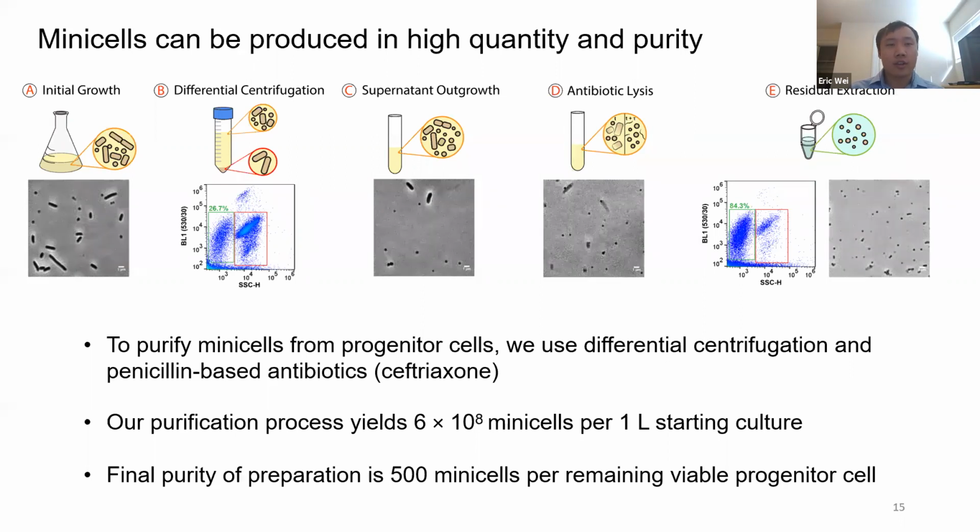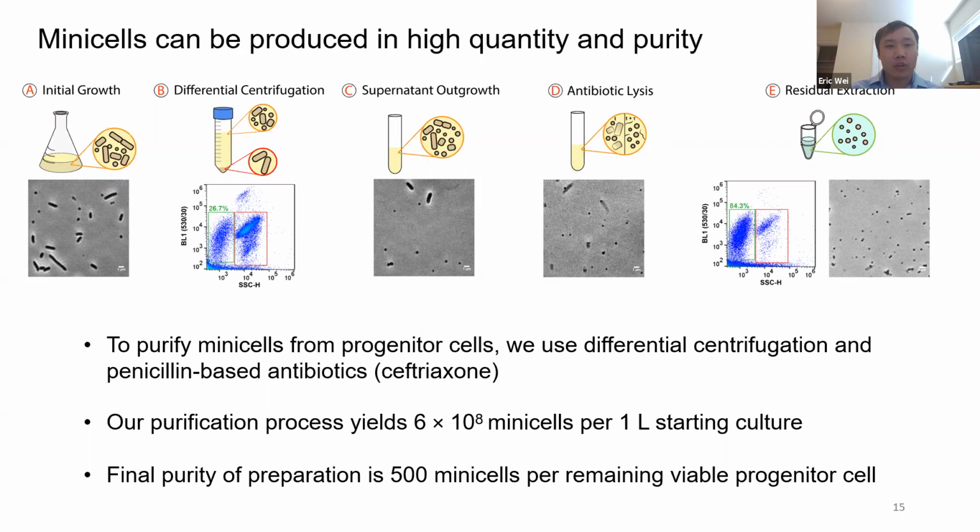But in the supernatant, you also have a population of small growing progenitors that you need to remove. To do that, you grow out the supernatant to prepare for the use of a penicillin-based antibiotic that causes cell lysis when the progenitor cells grow, but the mini cells themselves will be intact.